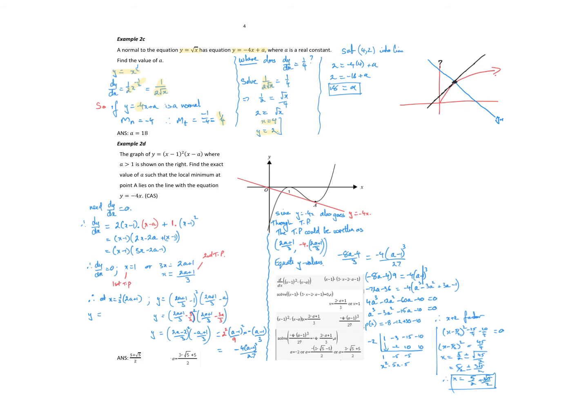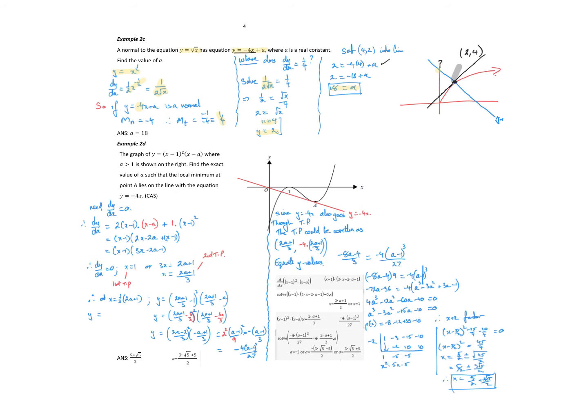So the point that my normal line goes through is the point 4, 2. So 4, 2 has to satisfy the equation of the normal line I've been given. If I substitute that into the normal line, I get a is equal to 18, which seems feasible. It's a big positive y-intercept.